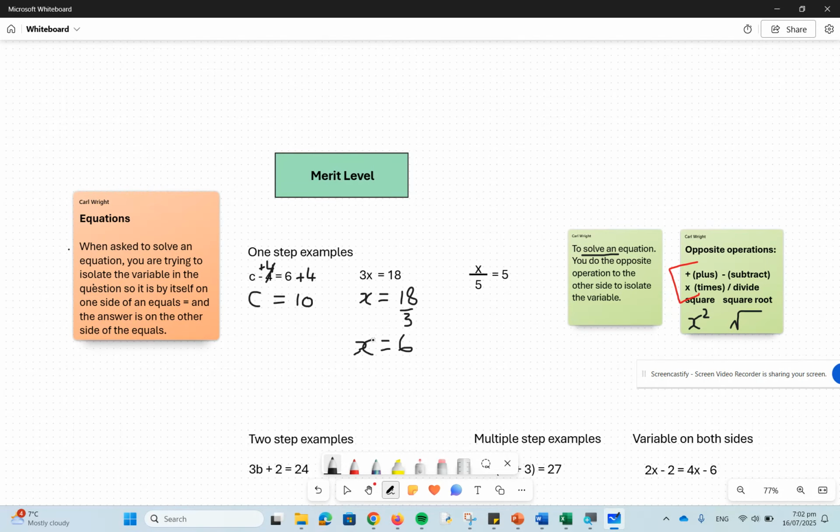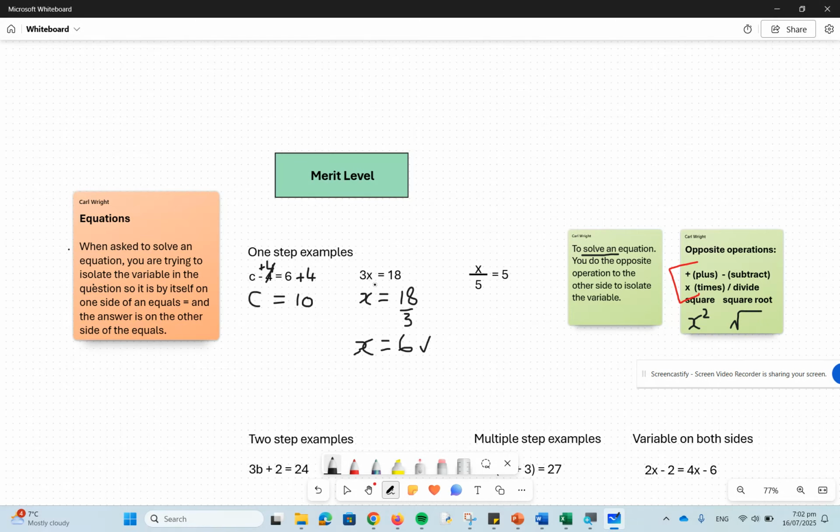Now you can test it to see if it works. If 3 times x is 18, and I put x equals 6, I can put 3 times 6, does that equal 18? And if it does, then you know that x must equal 6. So you must have got it right. You can go, yep, got that one right.